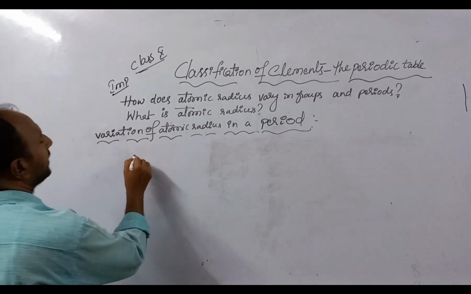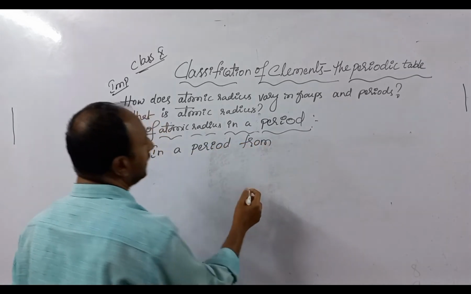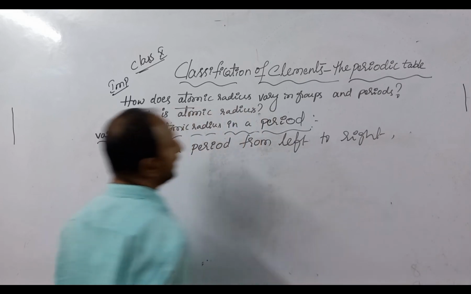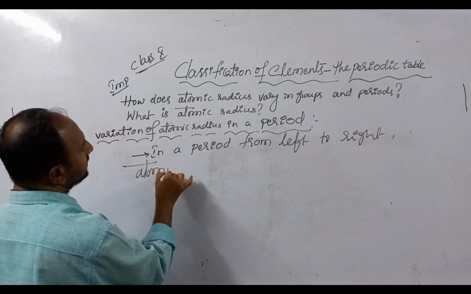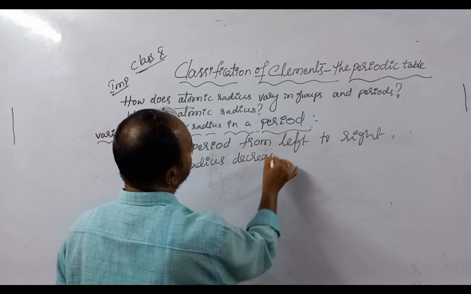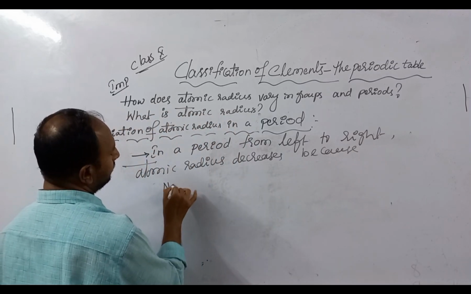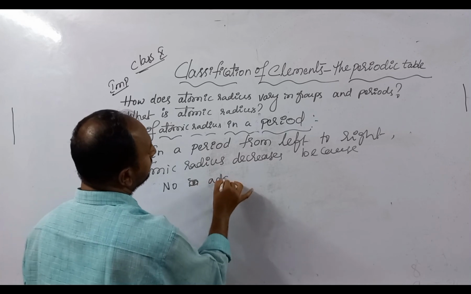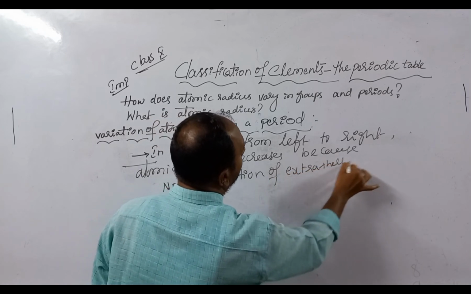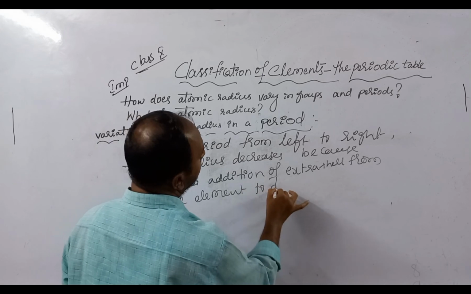So in a period from left to right, atomic radius or atomic size decreases because there is no addition of extra shell from one element to another element.